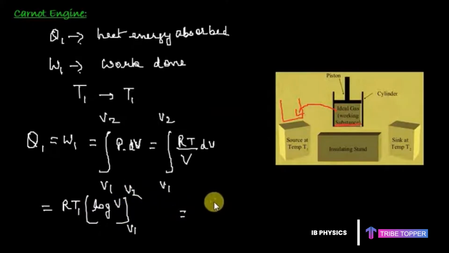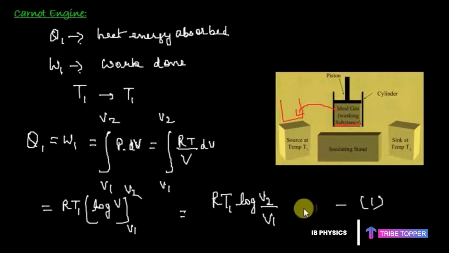So ideally it gives me RT1 log of V2 minus log of V1, which I will write as log of V2 upon V1. Now that's my first equation I got, the work done in isothermal expansion.